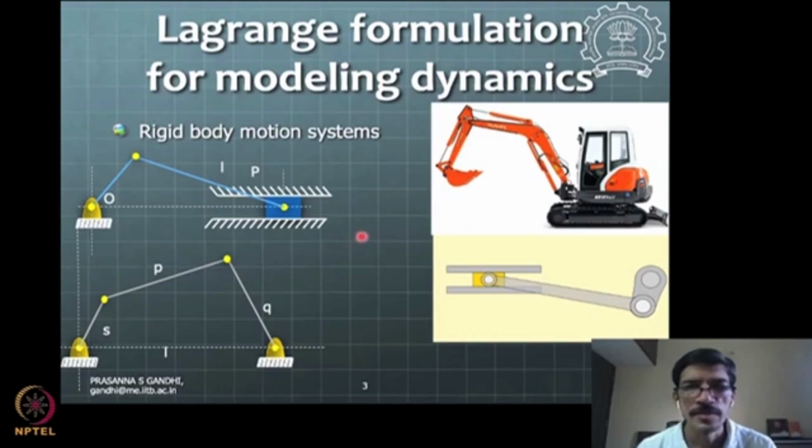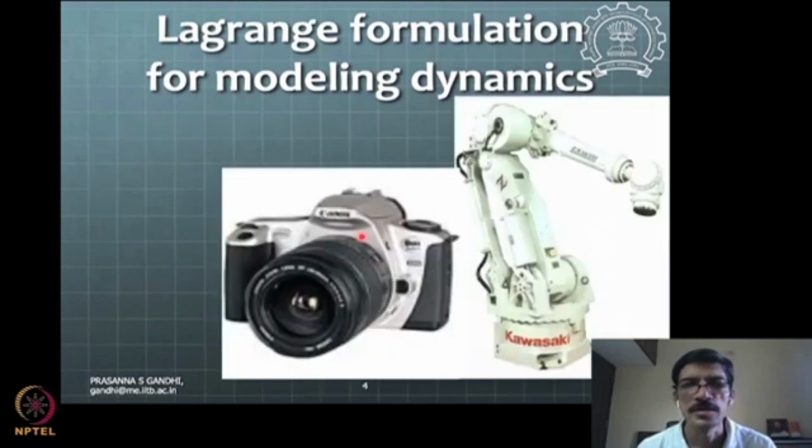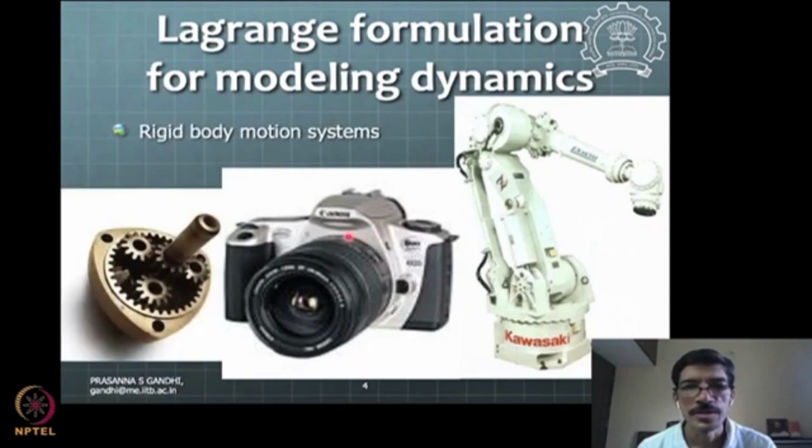There are some other examples of these rigid body systems. Robotic systems, you have gear based systems. In a camera you'll have some kind of elements for gears and motors for motion of the lens. This is again a robotic system. Okay, Kawasaki robot for different industrial applications, things like that.